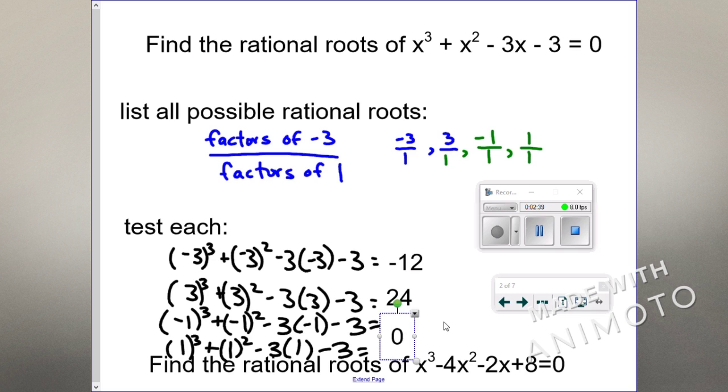So that means -1 is a root here. 1 cubed plus 1 squared minus 3 times 1 minus 3 is -4, so that is also not 0. So when we test them, we find that -1 is a root. So the only rational root of this equation is -1.